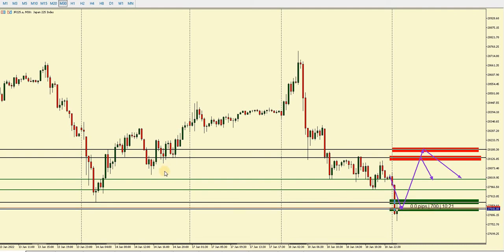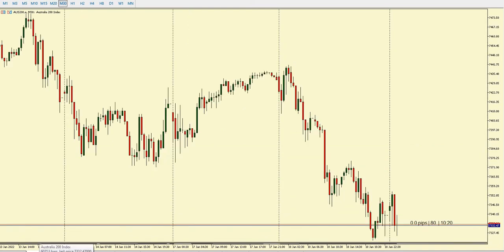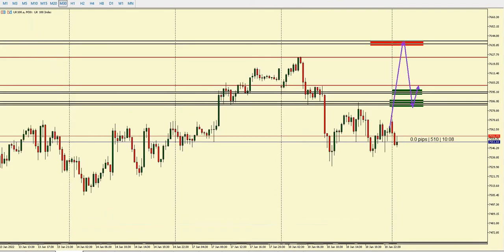Because I'm making this video for you guys, I'm going to go through the other pairs because the video gets too long. The Australian 200, I could not find any level. This is UK 100, we are in the selling zone. As you can see, these are two red lines, we are in the selling zone.